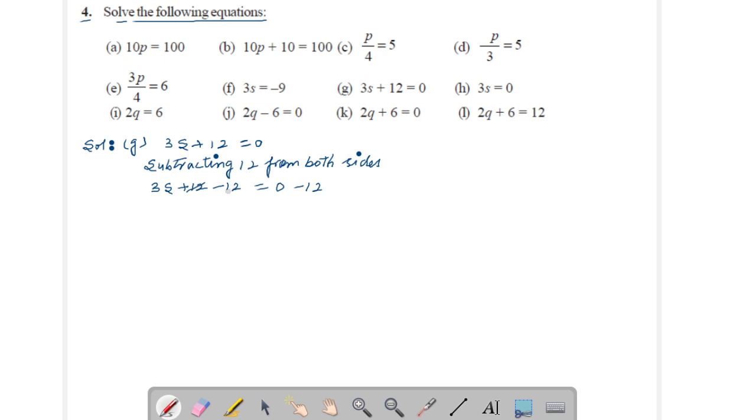Here 12 is cancelled by 12. 12 minus 12 is 0. What will you get? 3s equal to 0 minus 12. It is minus 12.